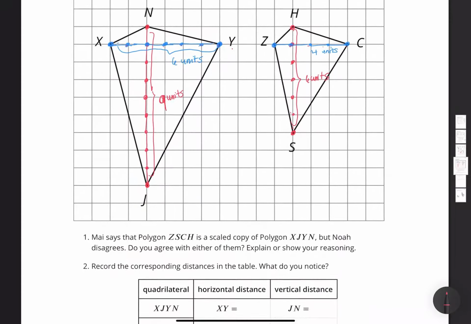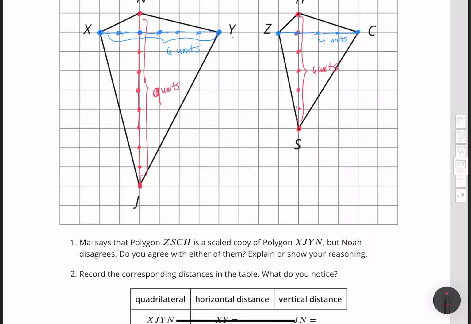I can do 6 to 9, 4 to 6. If this was a fraction, 9 over 6, 6 over 4, what would be the greatest common factor between 9 and 6? What can I simplify it by?